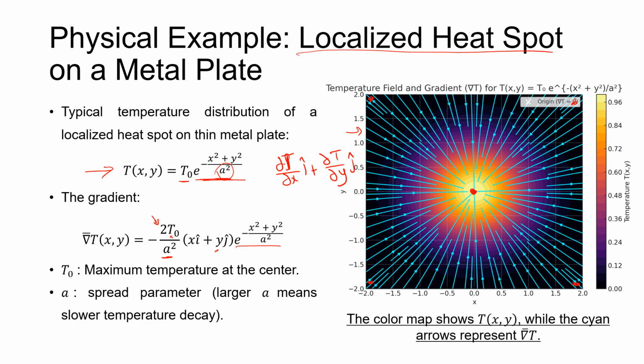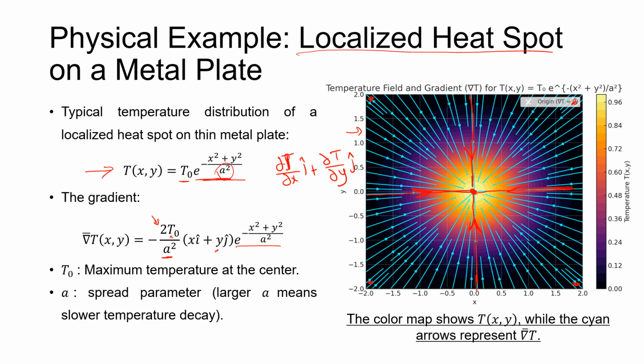Now if you try to understand how the gradient moves, just assume y is equal to 0, then you will find that your gradient, if you are coming from the negative x-axis, will point towards the origin. And if you come again from the positive x-axis, you will have the same. Then set x to 0 and vary y. If you are coming from the negative y-axis, you are pointing in this direction, and if you are coming from the positive y-axis, you are pointing in this direction.